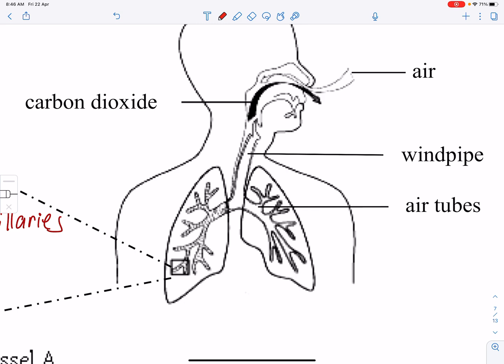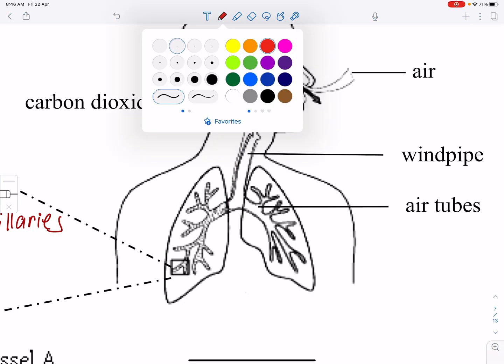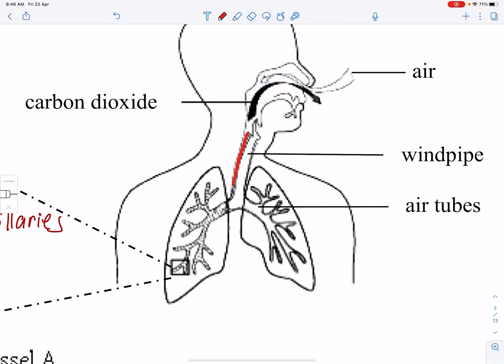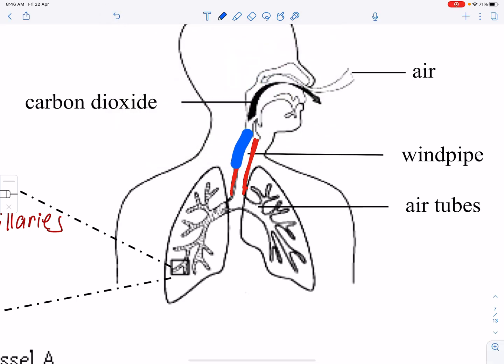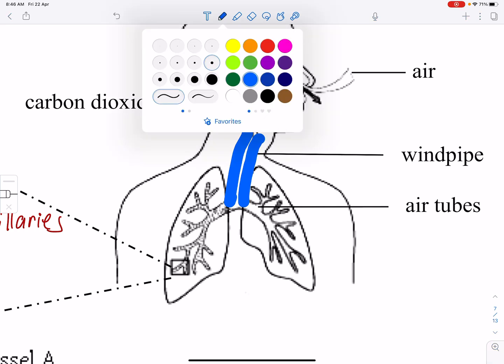So at first, let's just say your windpipe is of this thickness. Now, when you get asthma, what actually happens is that instead of being this thick, your windpipe is now this thick. So what happens to the passageway over here? It actually becomes narrower, right? It has narrowed down.